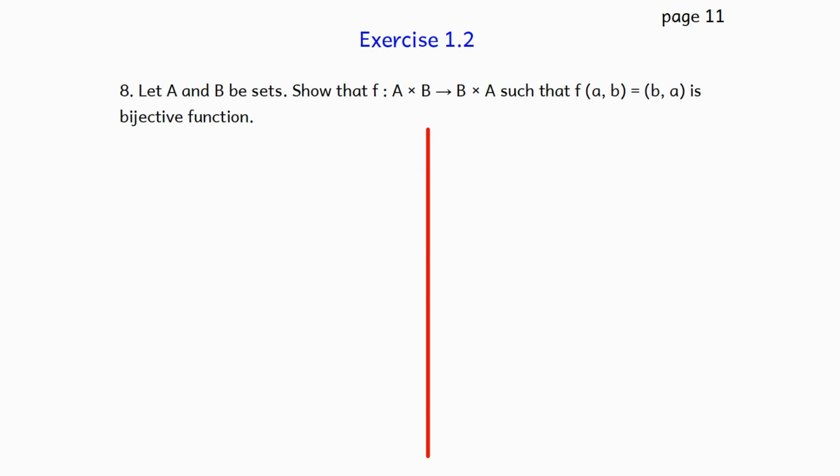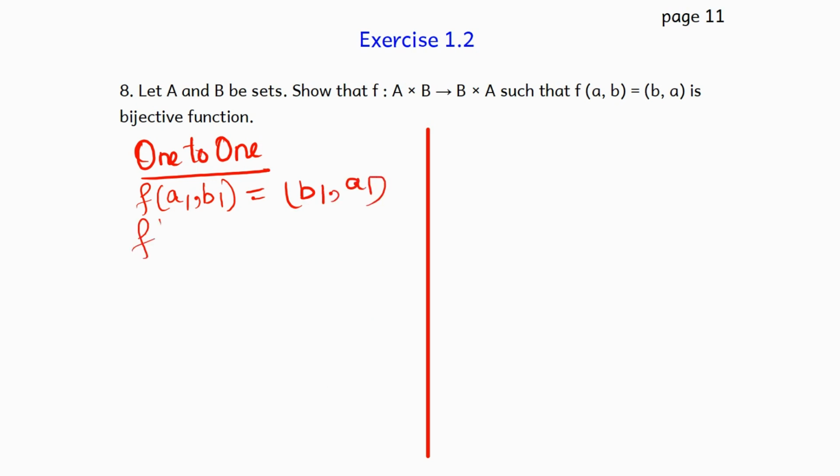Let A and B be sets. Show that the function f from A cross B to B cross A, such that f of (a, b) is equal to (b, a), is a bijective function. So we will prove one-to-one first. Substitute (a1, b1) and (a2, b2).